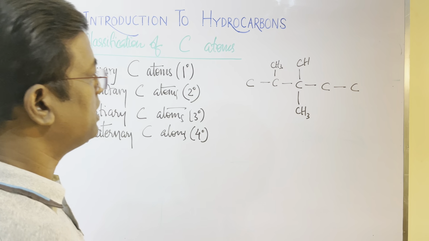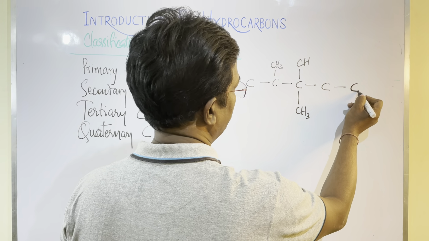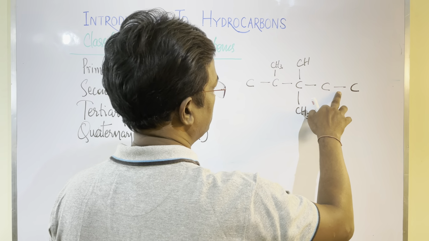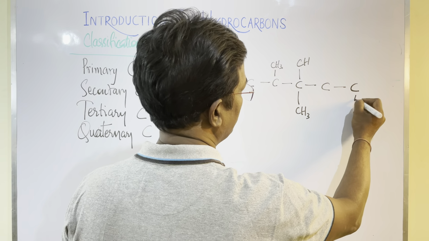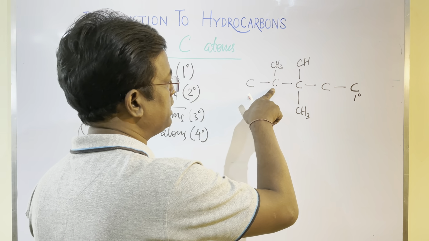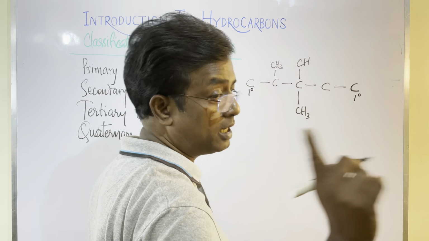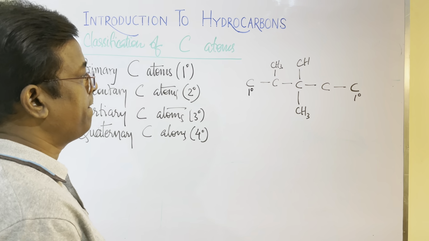Only one other carbon atom. So which is that one? This one, this carbon here is attached to one other carbon atom. So this is your primary carbon atom. Similarly, this carbon is directly attached to this, and so hence this is also a primary. Only one carbon atom it should be attached.